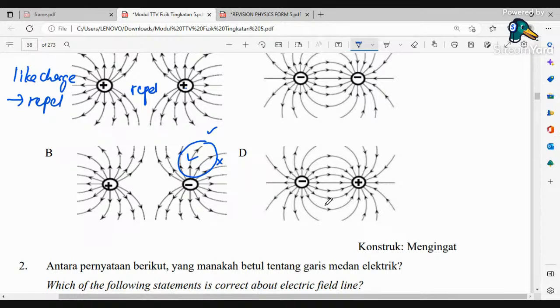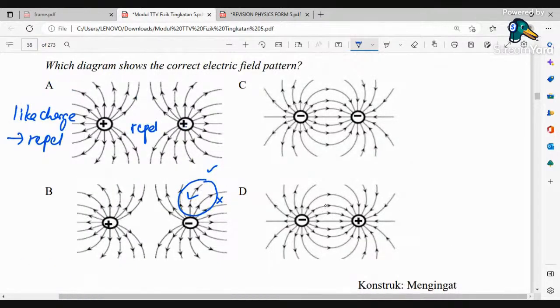Look at C. This one is negative, negative, should be repel, so ini juga salah. And then the last one, D: either attraction force, but direction is opposite. Because direction of electric field is always positive to negative. So the answer will be A.